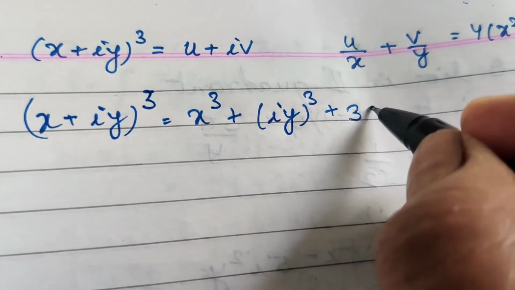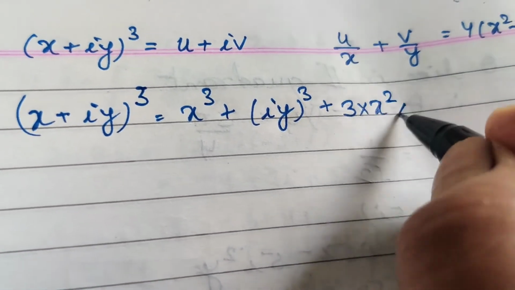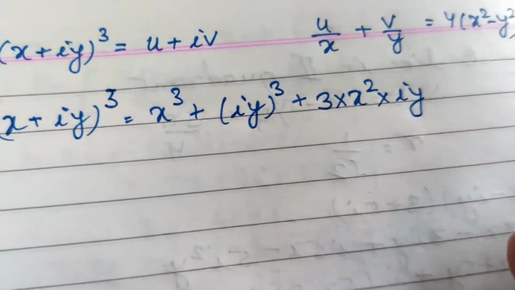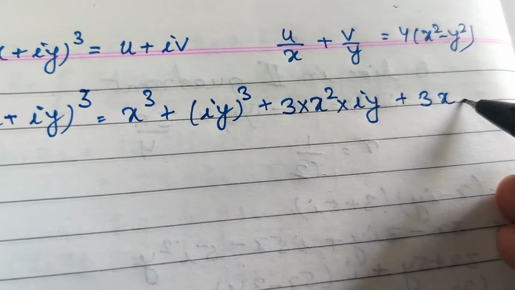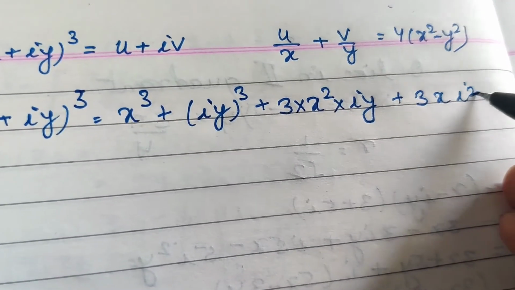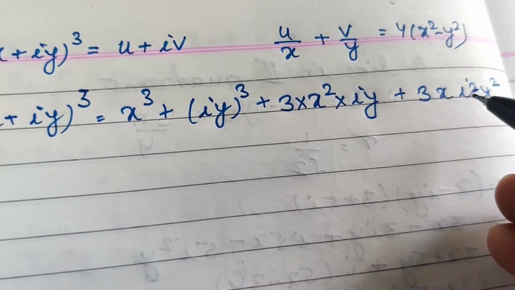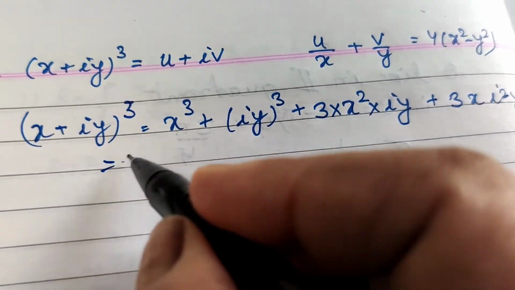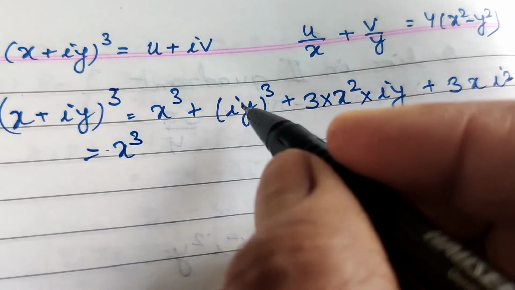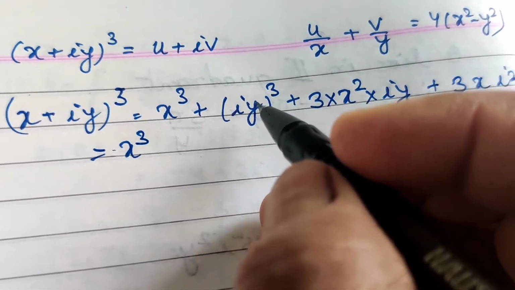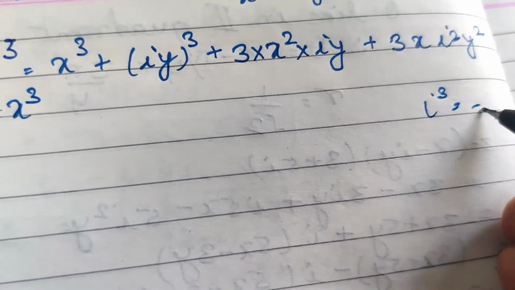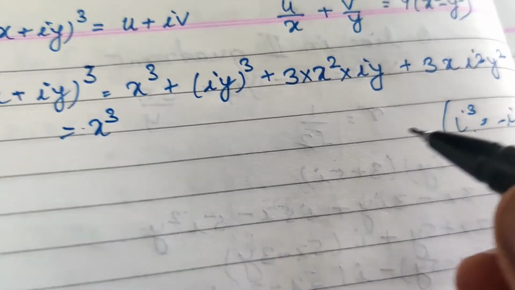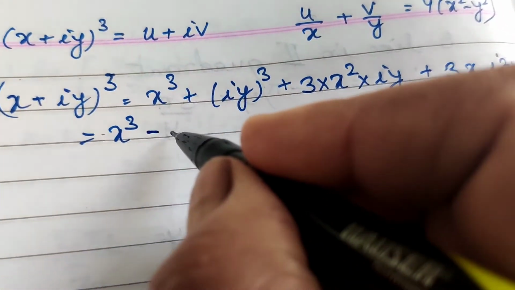Okay, 3a square b means 3x square times iy, and the 3a b square means i square and y square. Okay, so now x cube, this one is iy cube. I cube equal to minus i. We know that i cube equal to minus i. So we can write minus iy.